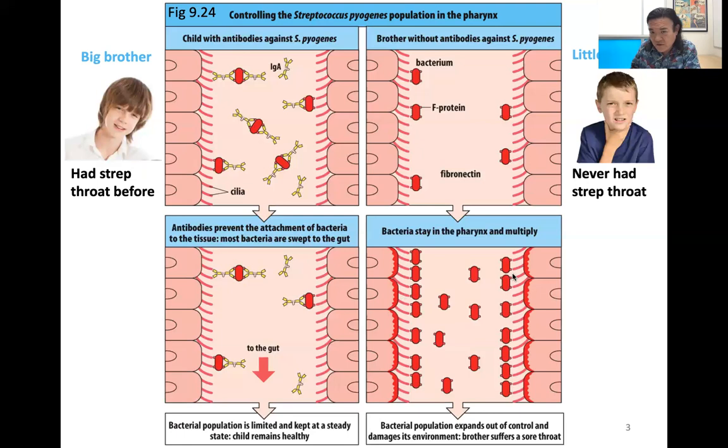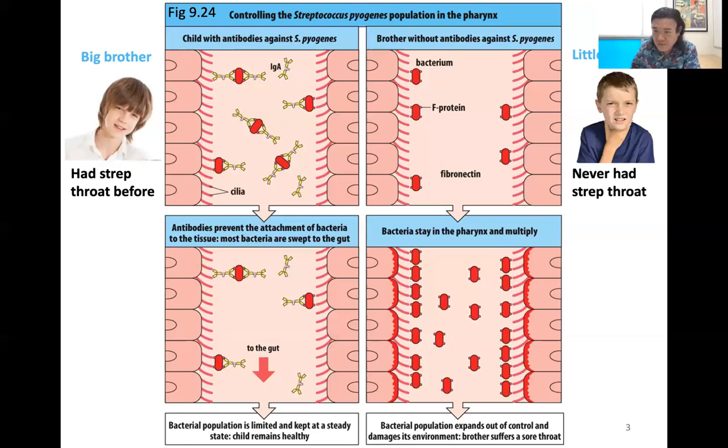And this means that for the first 2-3 days, maybe little brother doesn't experience anything funny, but over time, right, he begins to experience the symptoms: sore throat, fever, etc., inflammation, right, as the bacteria are causing his epithelial cells to be damaged or destroyed, right? So it might take a week or so before his adaptive immune system, right, selects brand new naive B cell clones, right, and goes through that whole process.